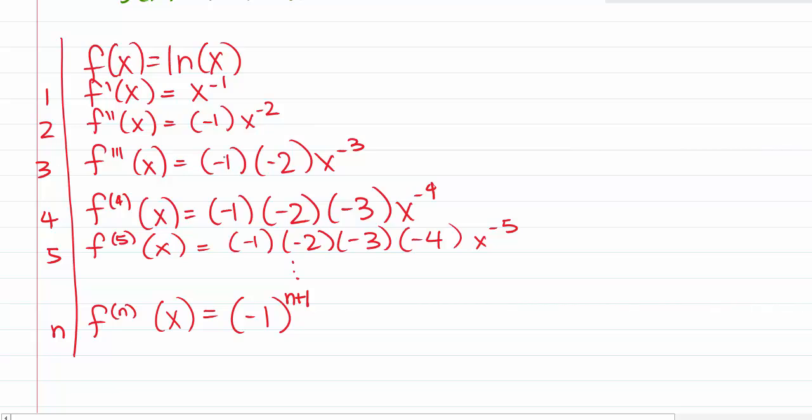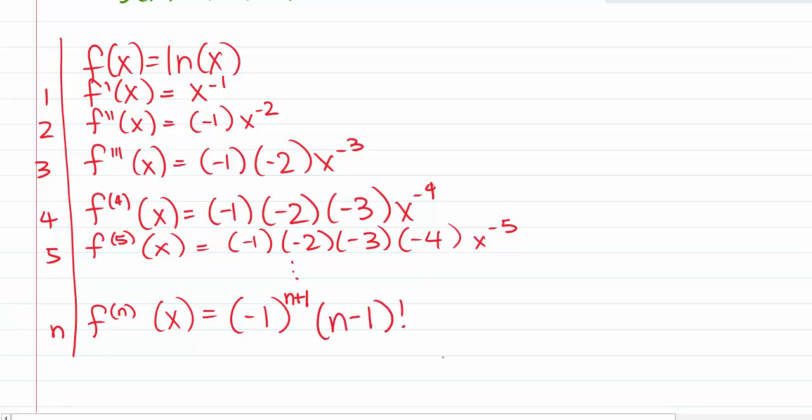Now, look at what the terms are going to be in our factorial. When I am looking at the third derivative, when n is 3, I have 1 times 2. When n is 4, I have 1 times 2 times 3. When n is 5, I have 1 times 2 times 3 times 4. So I always have 1 less than whatever n is. So it's going to be n minus 1 factorial. And then it's x to the negative n, because the power of x is always negative whatever number derivative I'm on.